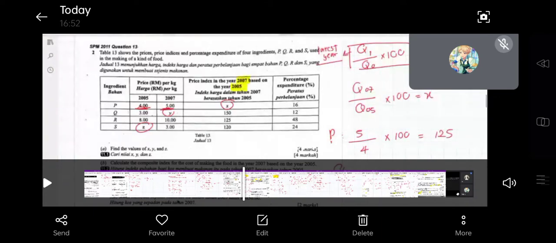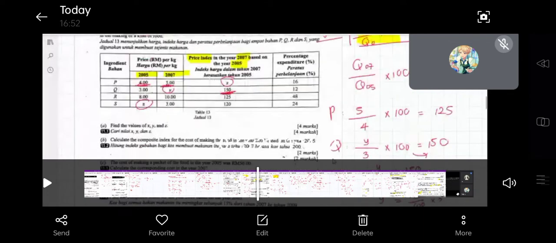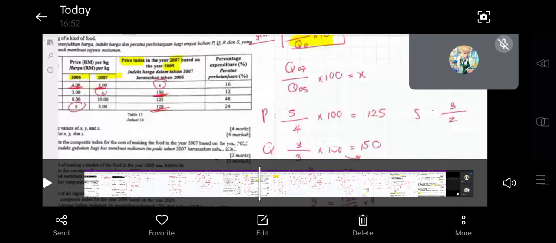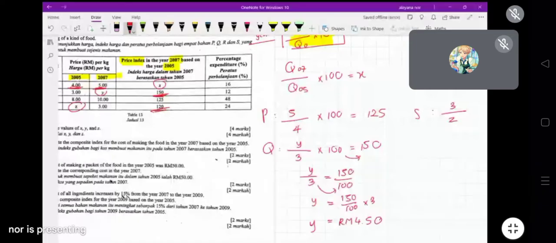Then we move on to y. We use the same formula again, but this time we're substituting. For q, we also use 2007 per 2005.